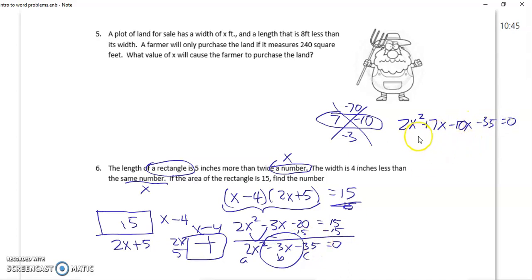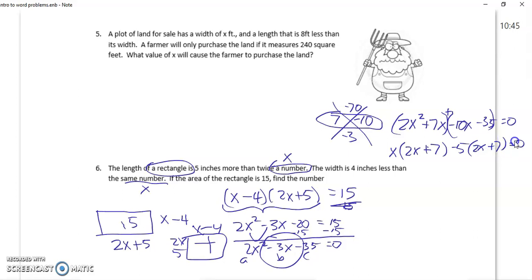And that equals 0. So I group it at this point, and then I factor out each binomial, and I've got a common term of an x here. I divide that out, I get 2x plus 7, and then I get a common negative 5, and I'm left with 2x plus 7.